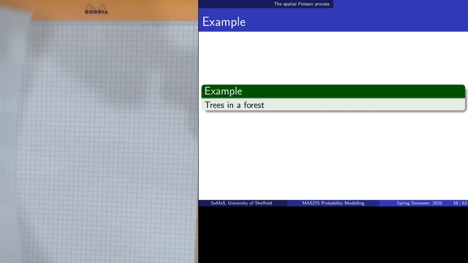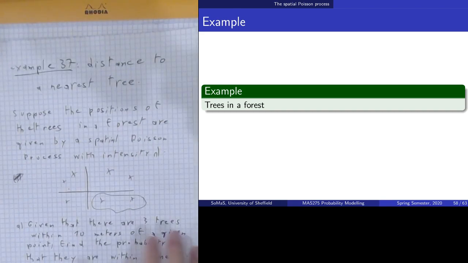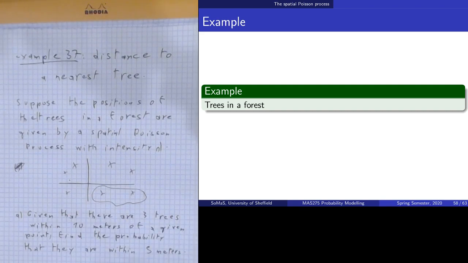And this is something we know how to do because, so we have a circle of radius 10 which has 3 trees inside, and so the question is, look at the small circle with radius 5. What's the probability that it has 3 trees? Well, we know that the number of trees inside the smaller circle is binomial.